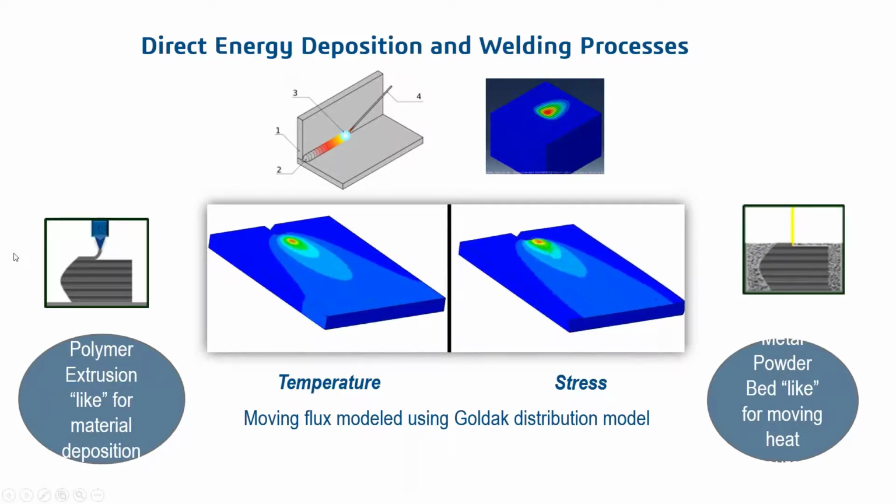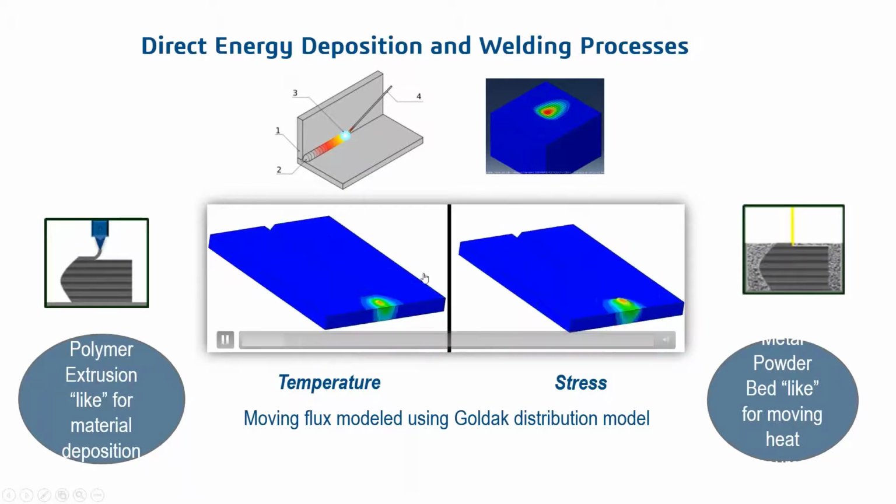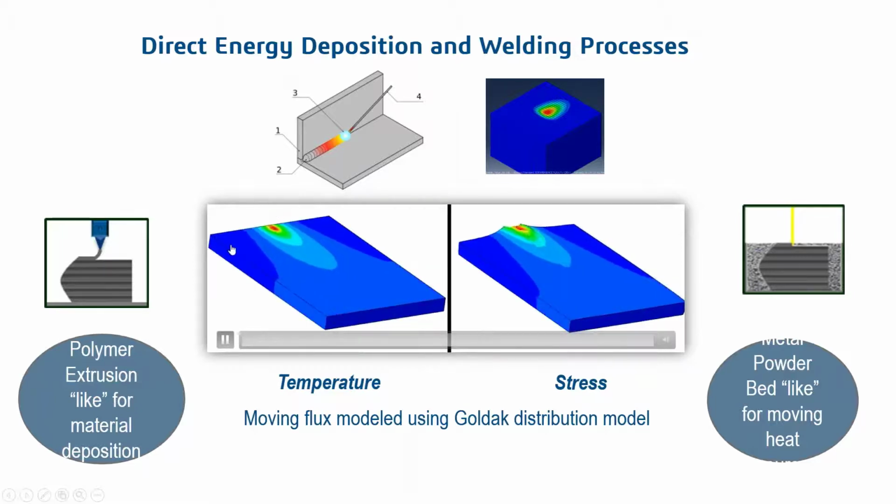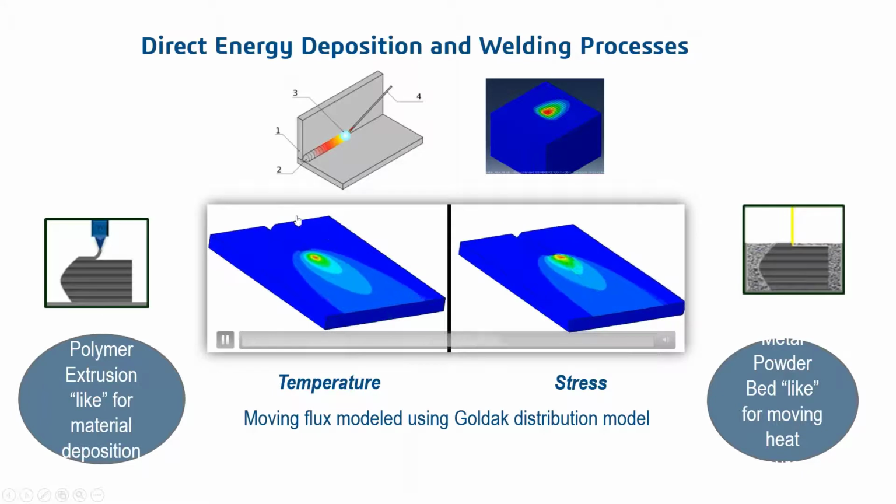So the additive manufacturing simulation capabilities that we have provide ways of adding material into the mesh. The technique is really that the elements are there to begin with, but the domains or regions that are used for this process, the elements are initially empty.